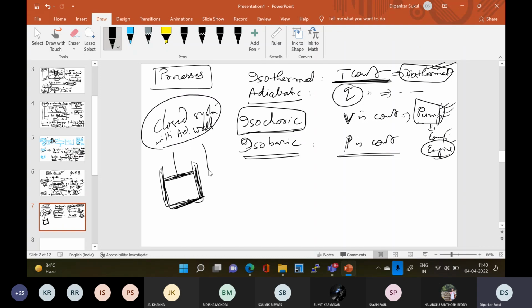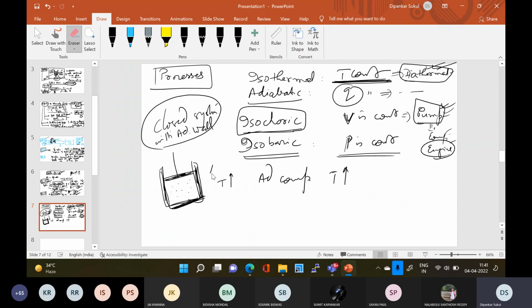Now, if you compress it, if the volume decreases, what will happen? There will be more collisions among your molecules, which are trapped inside a smaller volume. As a result, temperature will increase. That is, for adiabatic compression, temperature increases.